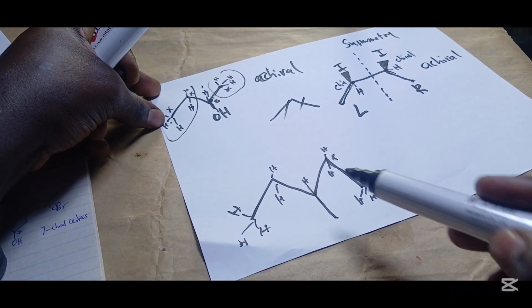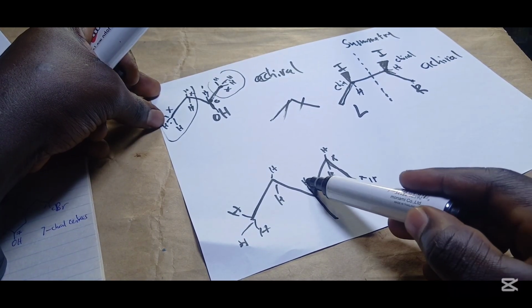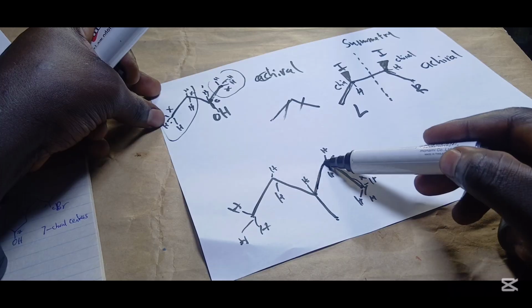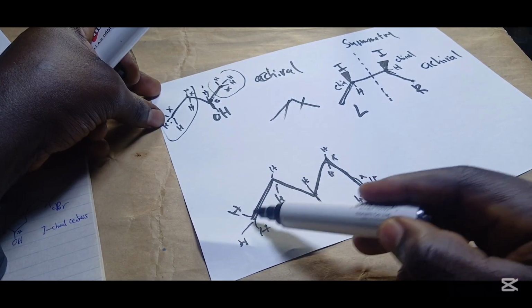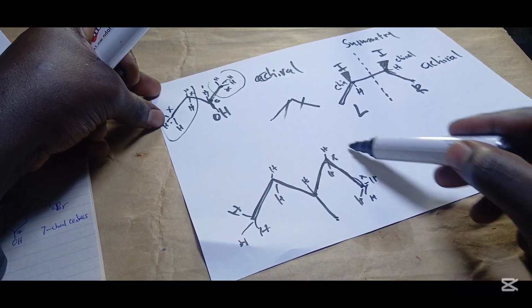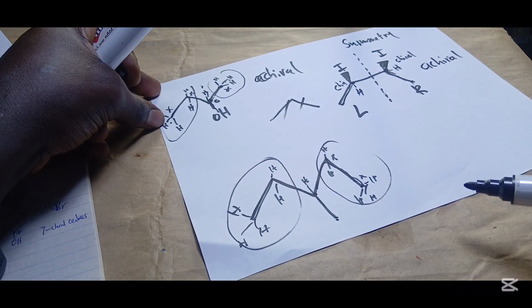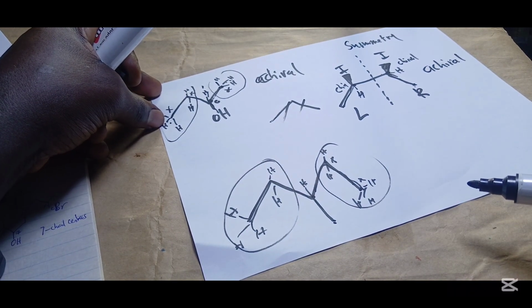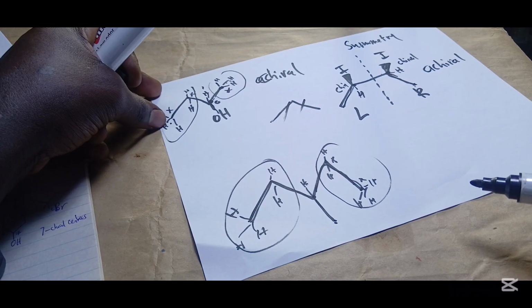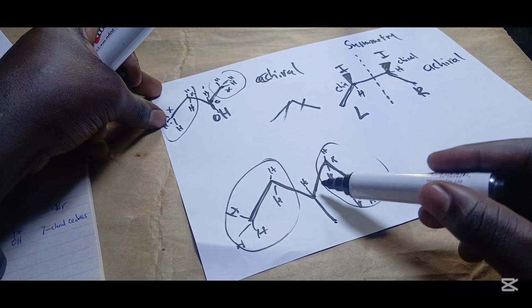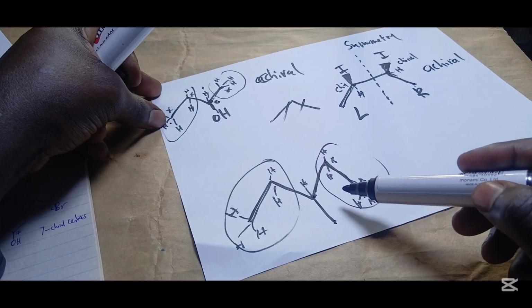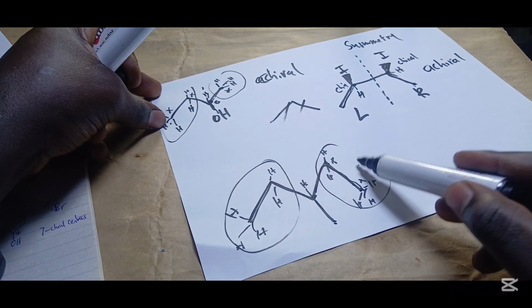Looking at this carbon, it has a hydrogen, a methyl group, an ethyl group, and an ethyl group. The ethyl group and ethyl group are the same, right? The carbon atom should have 4 different substituents or 4 different groups attached to it. So this makes the carbon atom here achiral because we have ethyl groups repeating.